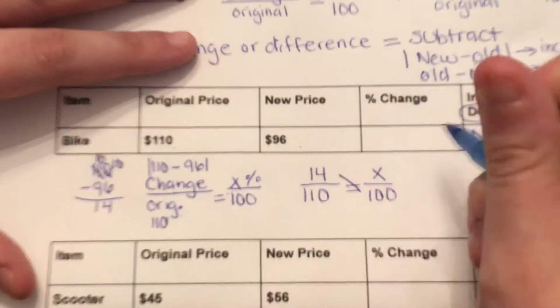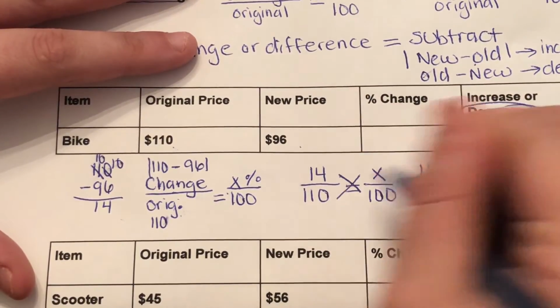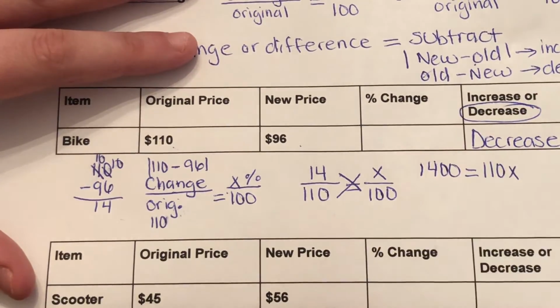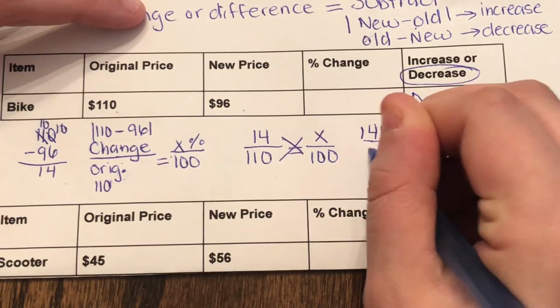So we just rewrote it here, but this was all our work. You cross multiply, and you get 1400 equal to 110x. You divide by 110 on both sides.